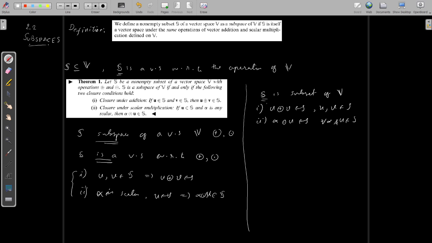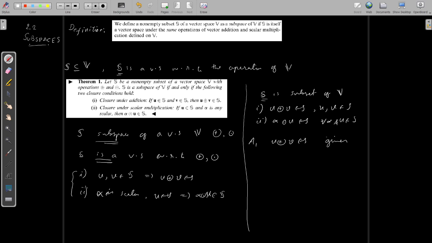To prove this is a vector space, we will prove the axioms on vector addition, that is A1. A1 is nothing but the closure property, that u plus v belongs to S. This is trivial; this is our given condition.